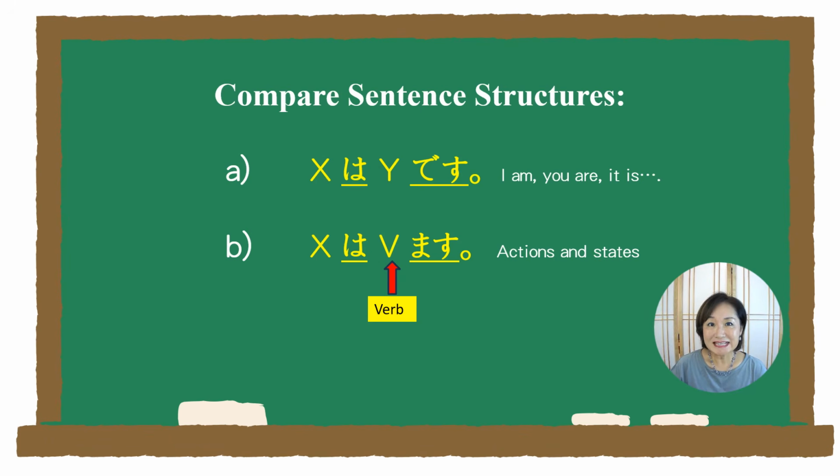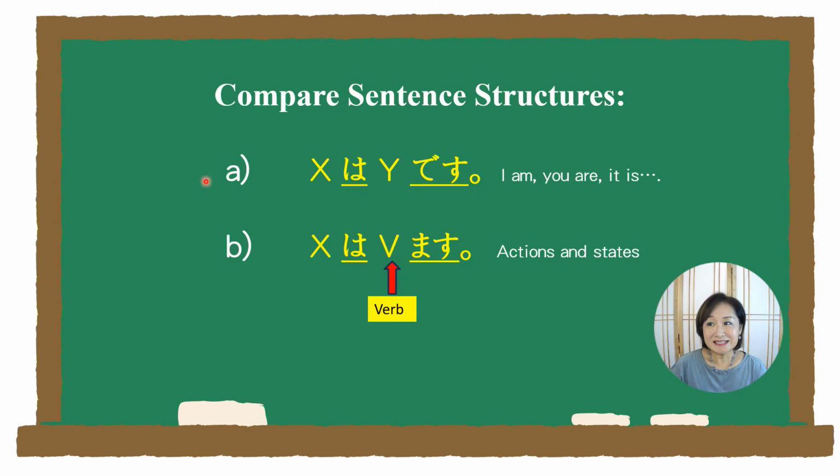Since the masenka form is used when inviting someone to do something with you, it naturally requires an action verb. You can't use this form with a sentence that ends in desu because there's no action being suggested. For example, 私は学生です.